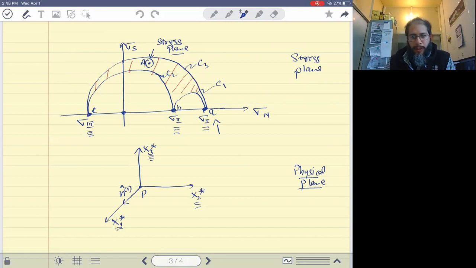Because if I had chosen my cutting plane such that it had a normal in 1, then the stress vector for this cutting plane would have a normal component of sigma 1 and a shear component of 0, because this is your eigen direction or principal direction. So point A corresponds to this normal. Point A is a point in the feasible stress region because it falls on the boundary of the red shaded region.